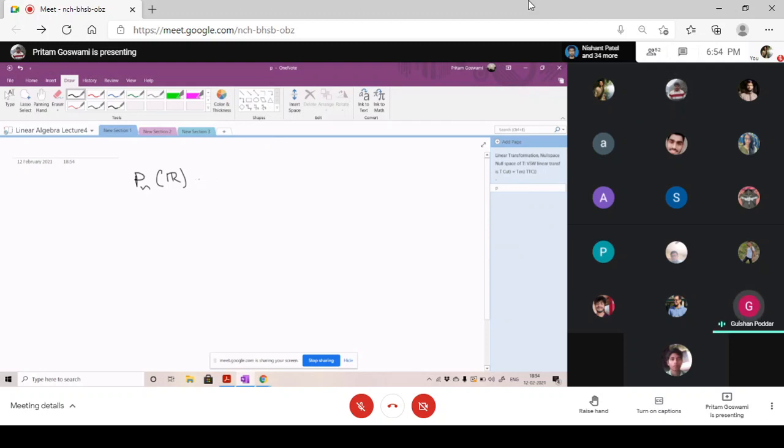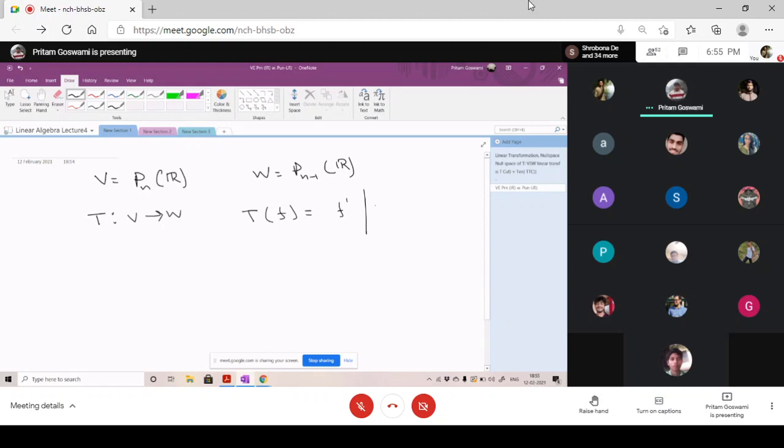Polynomials of degree less than or equal to n over R, not exactly n, less than or equal to n. Okay. So let's say V is this and W is P_{n-1} over R, and we define a function from V to W as T of a polynomial, let's say the polynomial is f, then the image will be f dash. Is it a linear transformation?